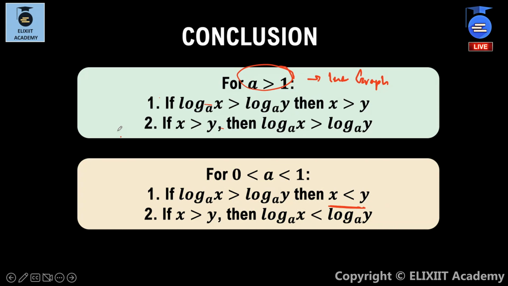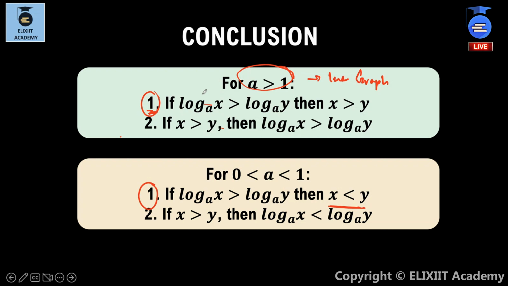Basically, this first property is equivalent to saying that log base a, you're cancelling. In case of inequality, you can cancel, but you have to also keep in mind the orientation of this inequality.